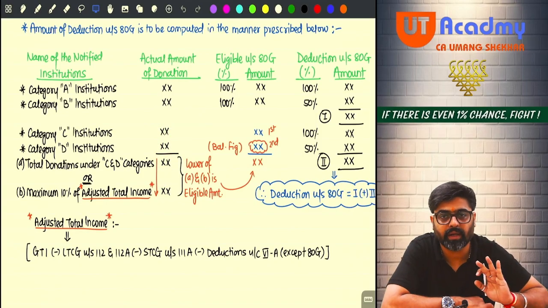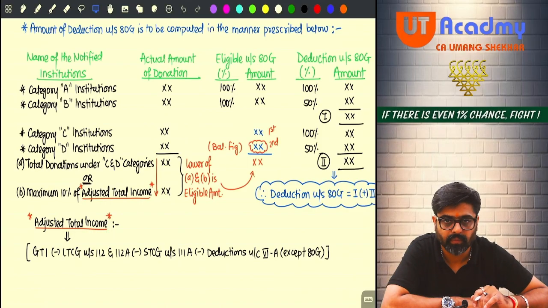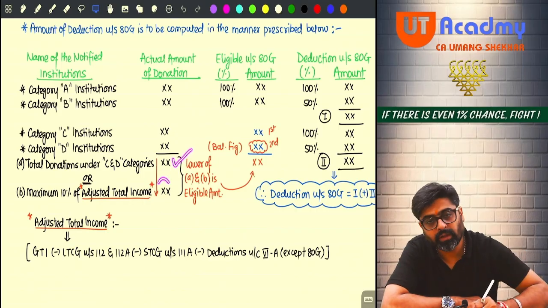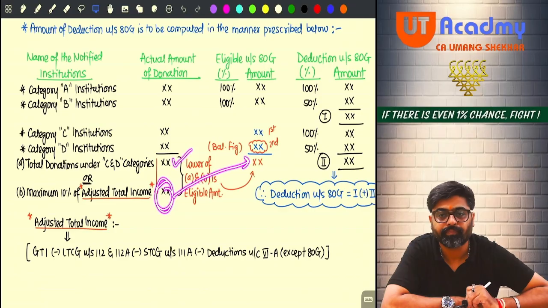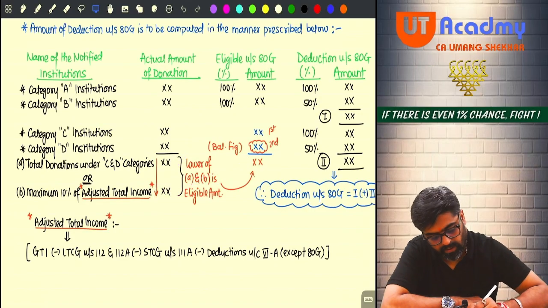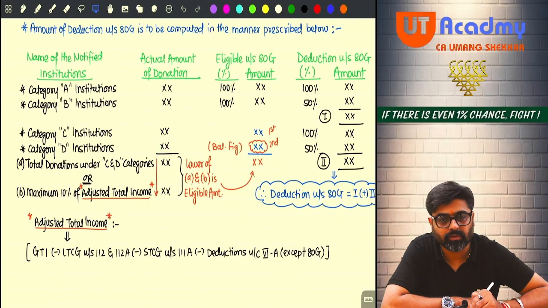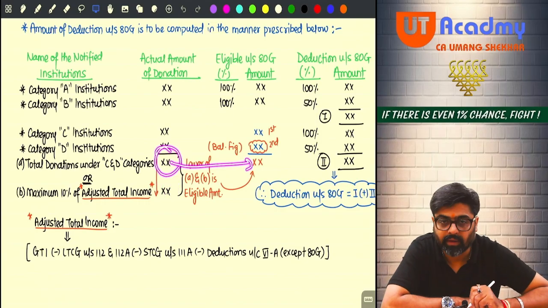So if this amount is more than 10% of adjusted total income, then only that much amount will qualify. If this amount is less than or equal to 10%, then this entire amount will qualify.